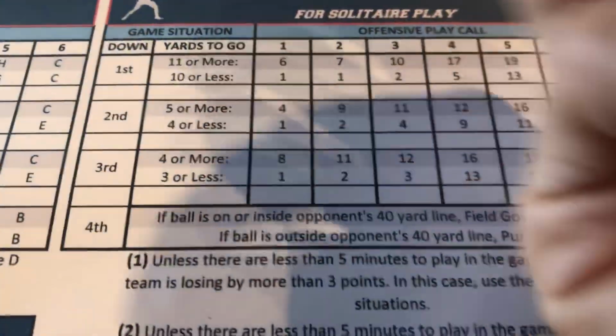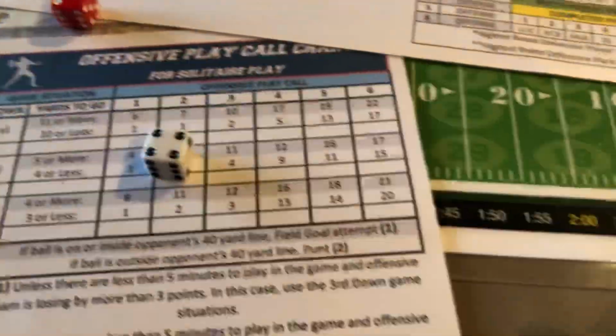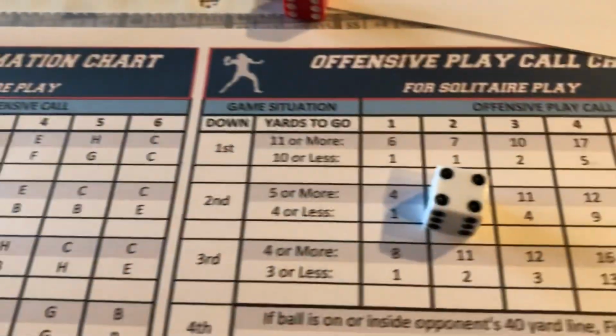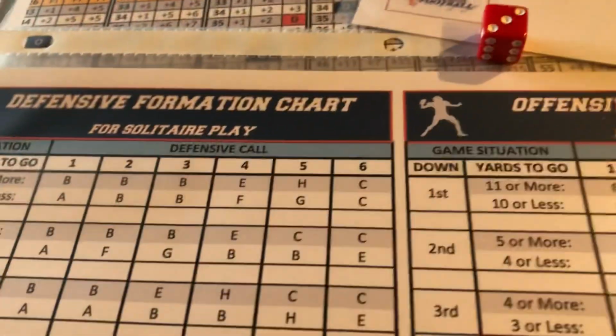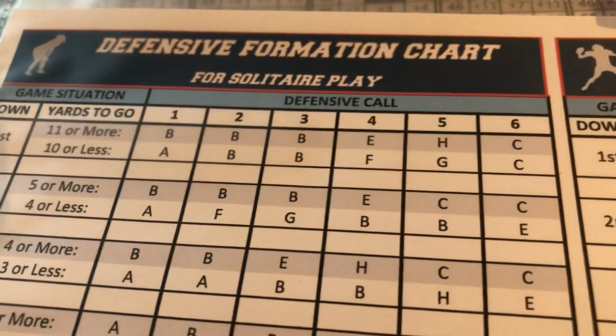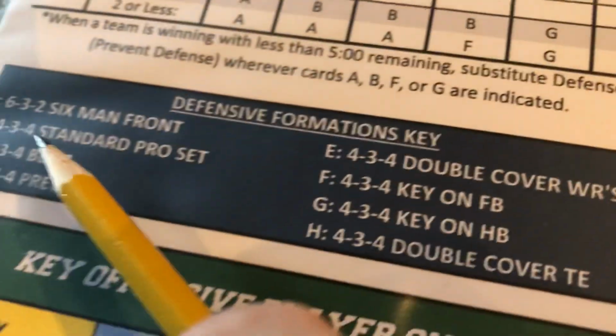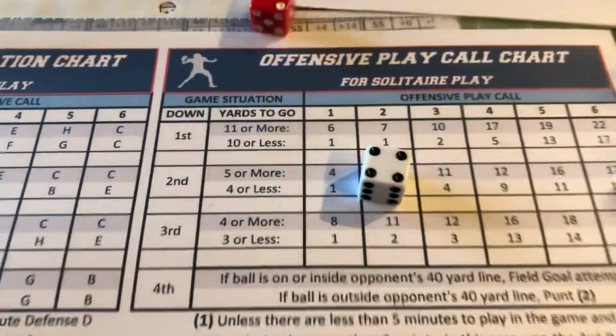So let's go back to the play call. Let's say it's 1st and 10 again. And let's see, 4 and number 5, I think that's a sweep, versus 3 is B, that's the standard pro set. Play 5 is a running play.